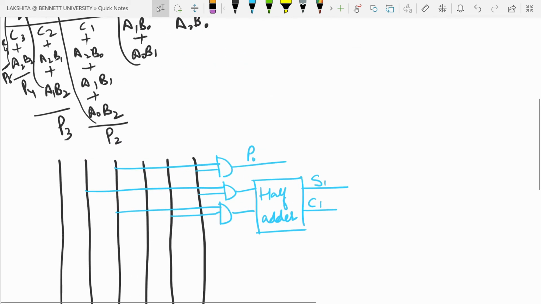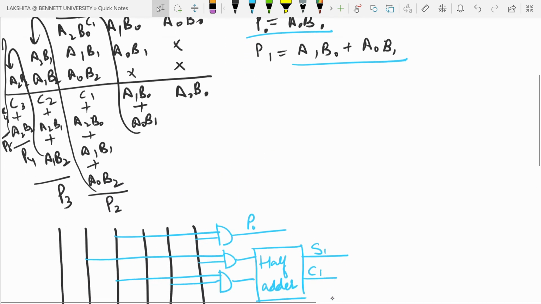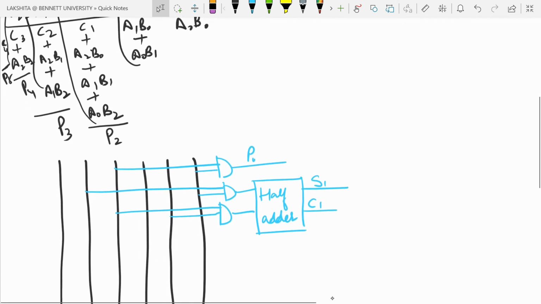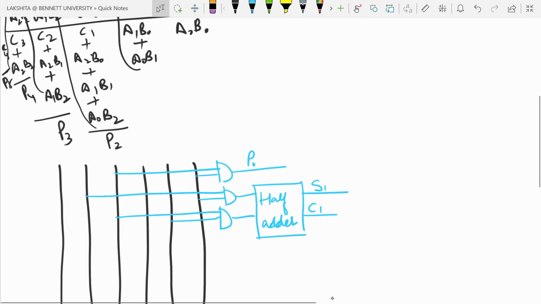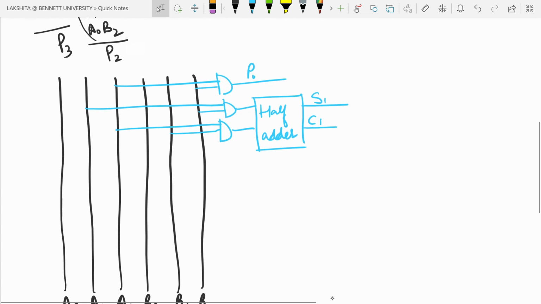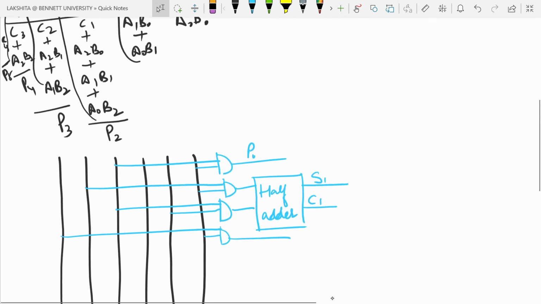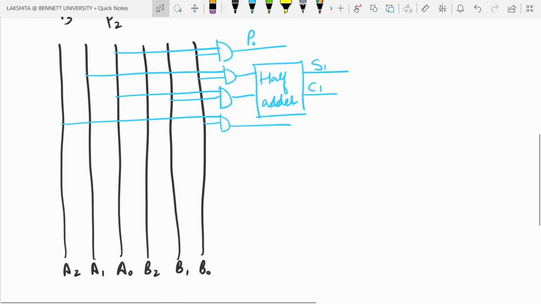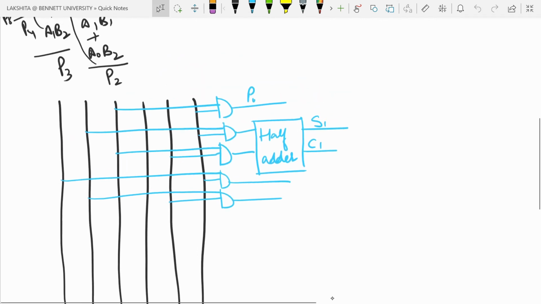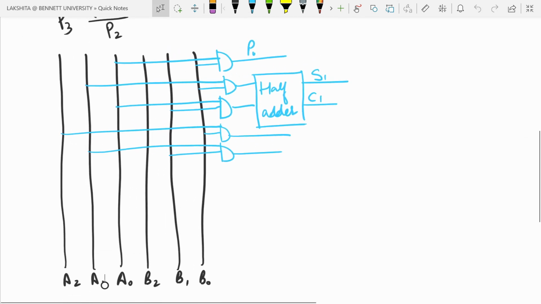Now we have our P2. P2 is nothing but C1 plus A2 B0 plus A1 B1 plus A0 B2.